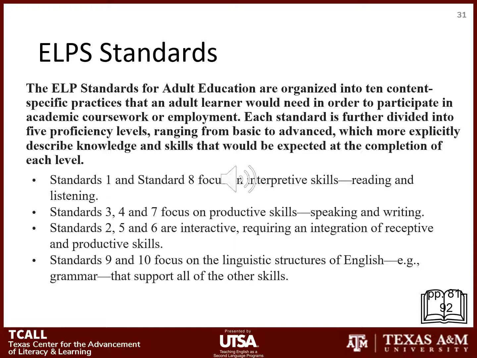Standards 2, 5, and 6 are interactive in nature, and they require an integration of receptive and productive skills, which in the case of virtually all, but of course not all, classroom activities, is what we're aiming at. Interactive kinds of environments where both listening and speaking, or reading and writing, or all 4 skills are being activated at once. And finally, standards 9 and 10 are focusing on the linguistic structures of English, namely grammar, that support all of the other skills.